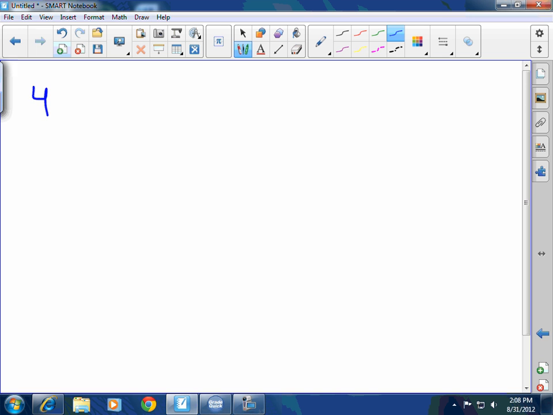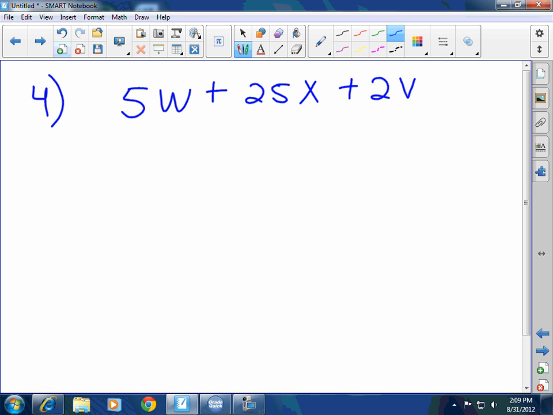Number 4, you have a summer job detailing cars. You charge $5 to wash the car, so 5W, plus $25 to wax the car, so 25X, plus $2 to vacuum the car. What algebraic expression models the total amount you earn?